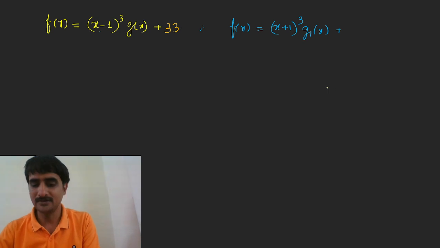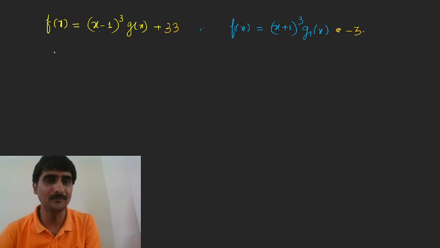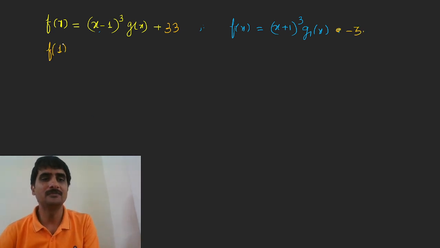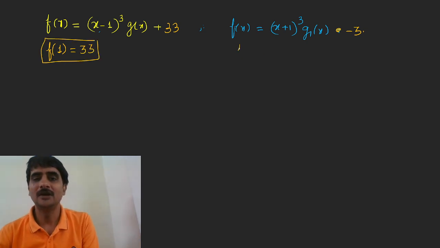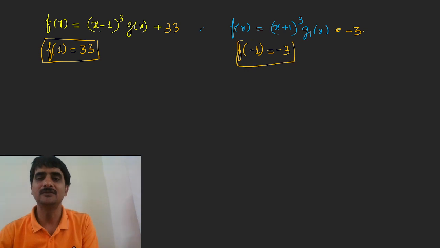When it is divided by (x plus 1) whole cube, it leaves remainder minus 3, so this is minus 3. Now from here, f of 1 is how much? f of 1 is 33. This is one piece of information we have. f of minus 1 is minus 3. This is another piece of information about the function, and one more piece of information is that f(x) is a fifth degree polynomial.